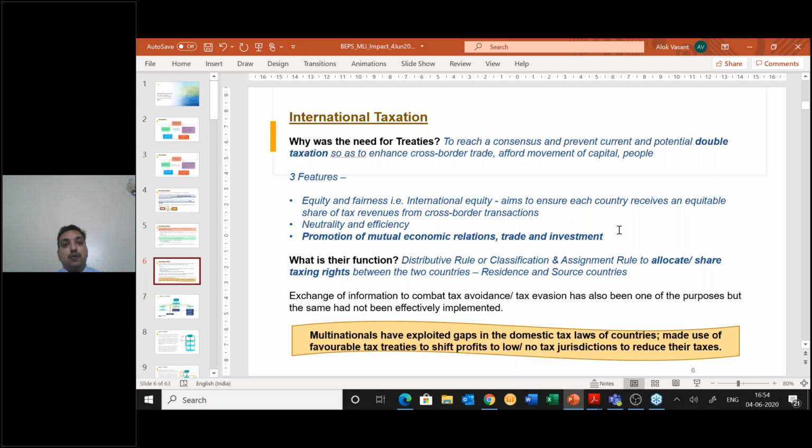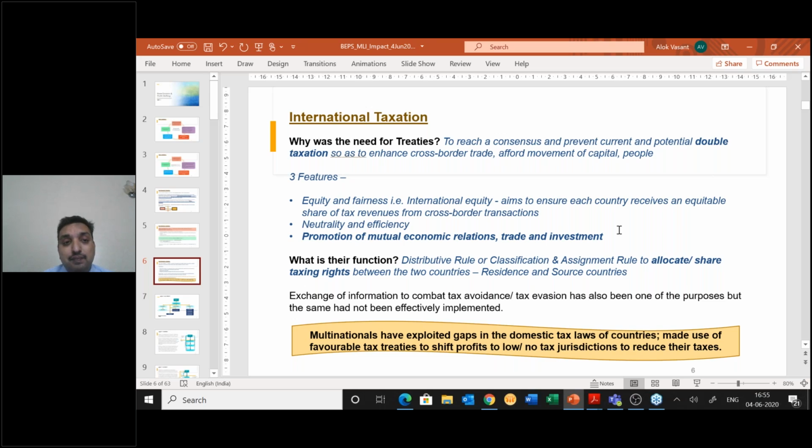Now, why was there a need for treaties? The need arose because they wanted to reach a consensus and prevent current and potential double taxation, so as to enhance cross-border trade and afford movement of capital and people. This is what the treaty's purpose was.